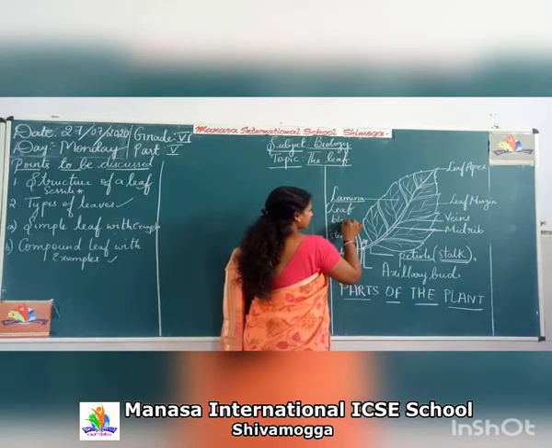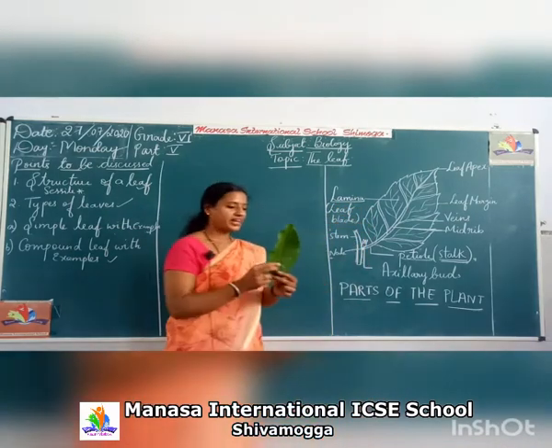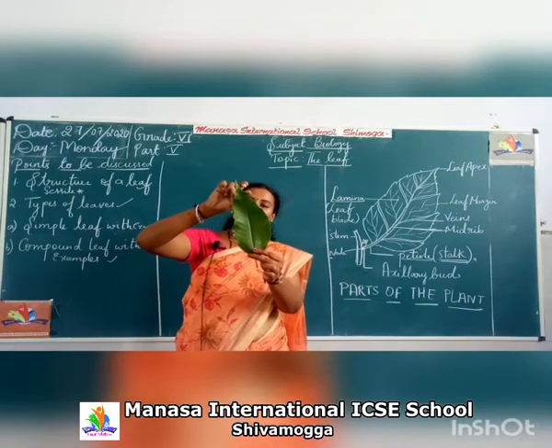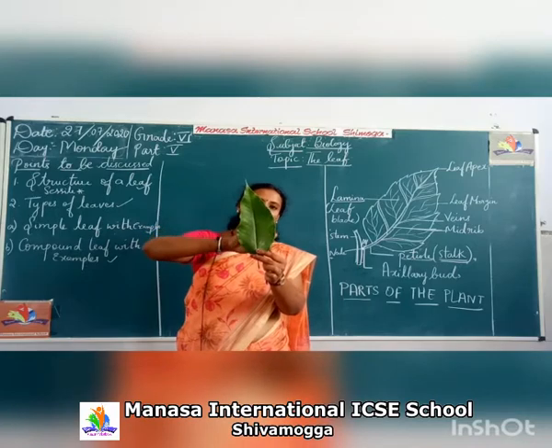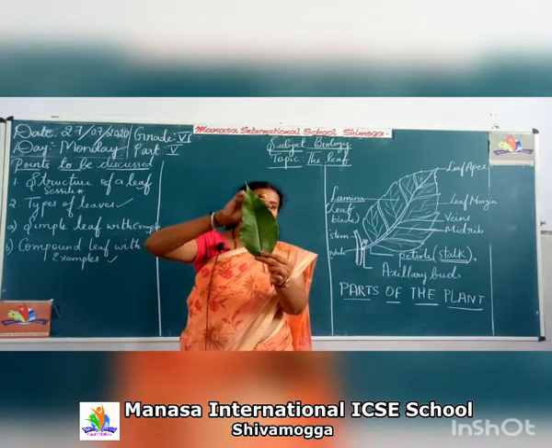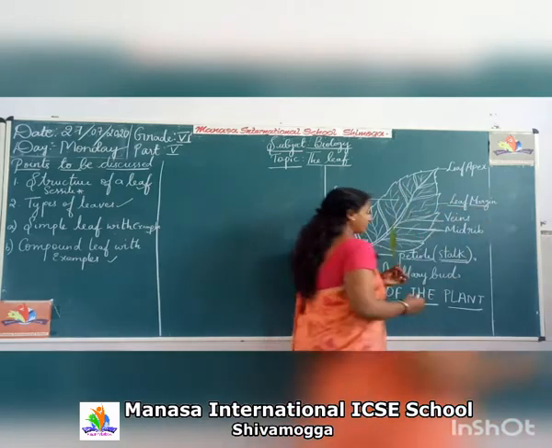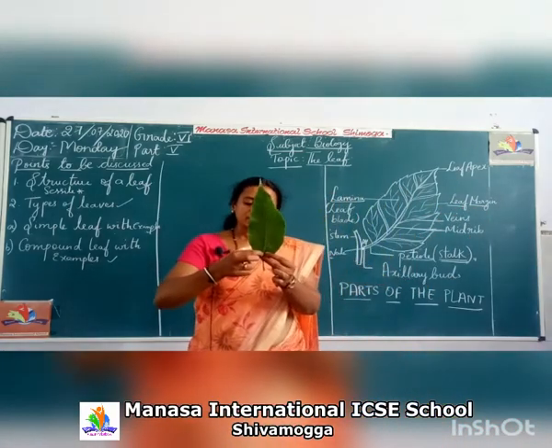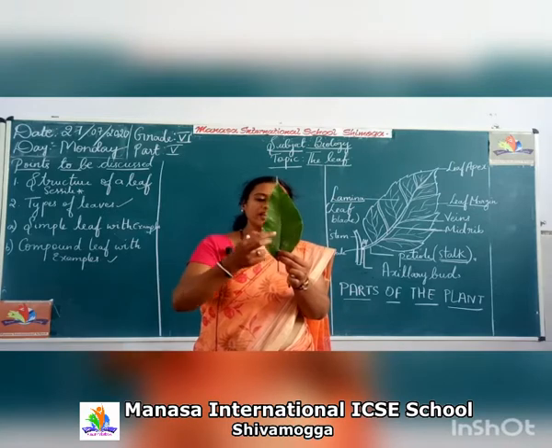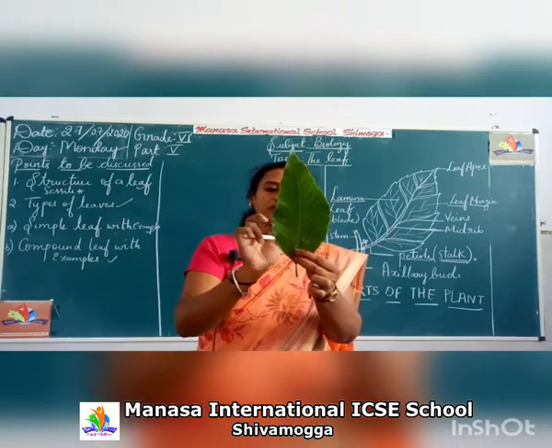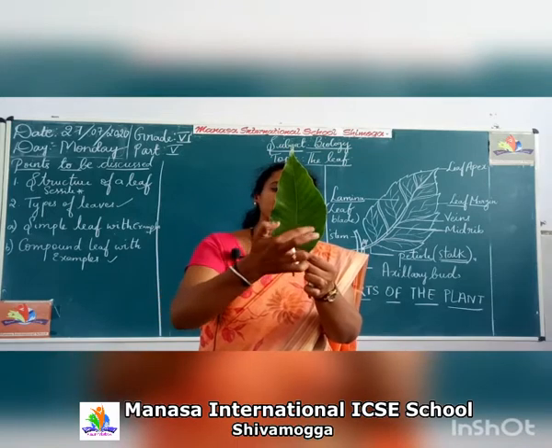What is it called? Leaf blade, right? And the edge of the leaf is called the leaf margin. What is it called? Leaf margin. You can observe here, I have labeled the leaf margin. And this midrib again will give rise to veins. You can see here the parallel veins like this.